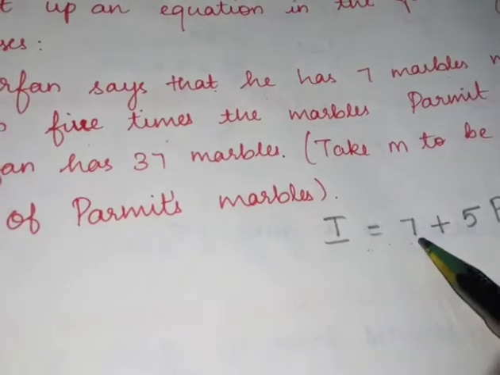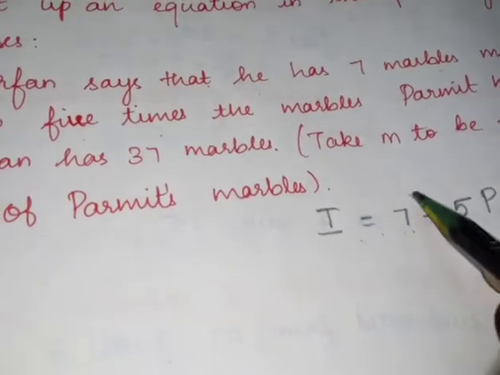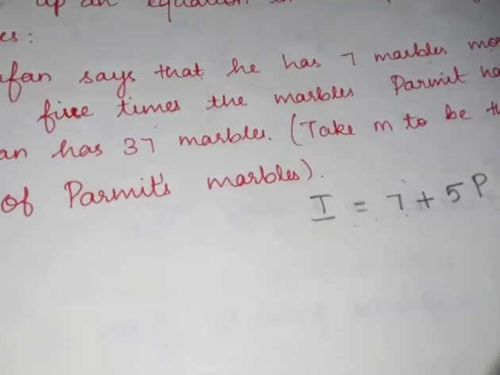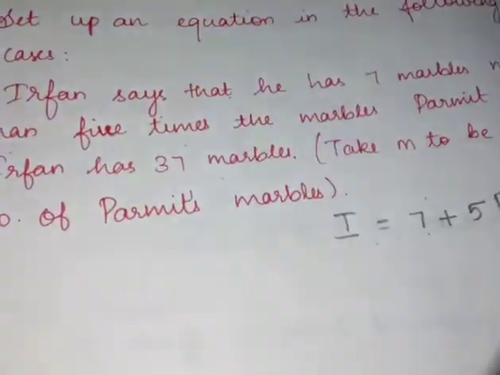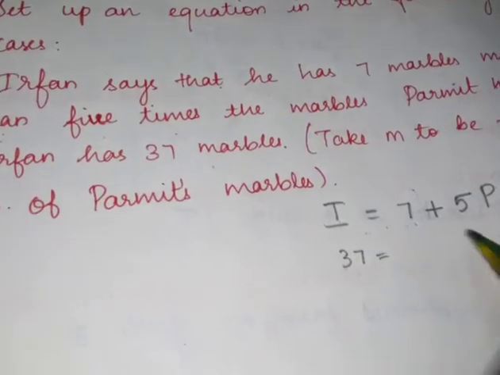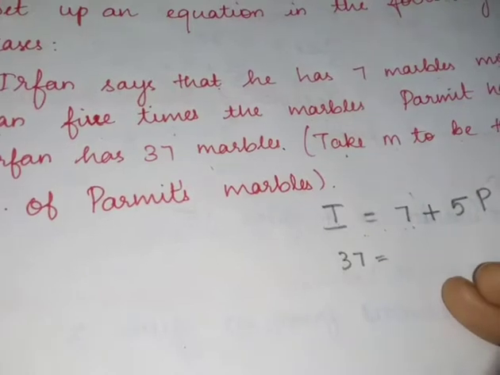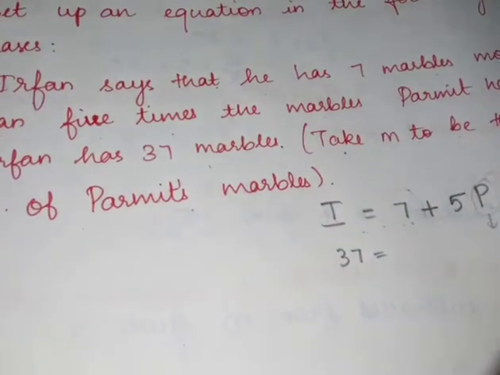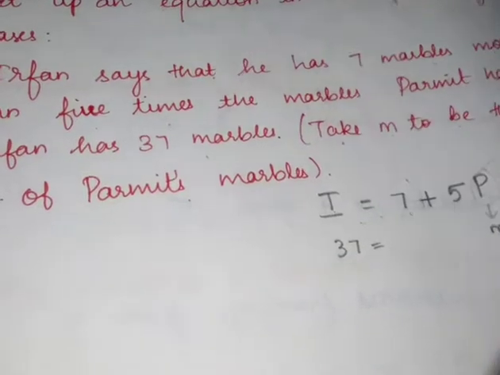Irfan has 37 marbles. So take M to be the number of Parmit's marbles. They are asking for Parmit's marbles, so let the Parmit marbles be M.